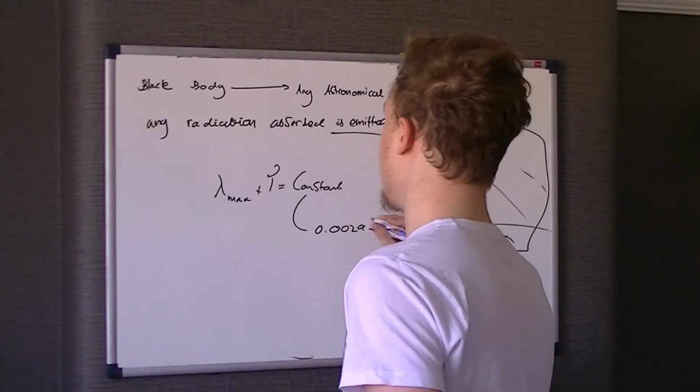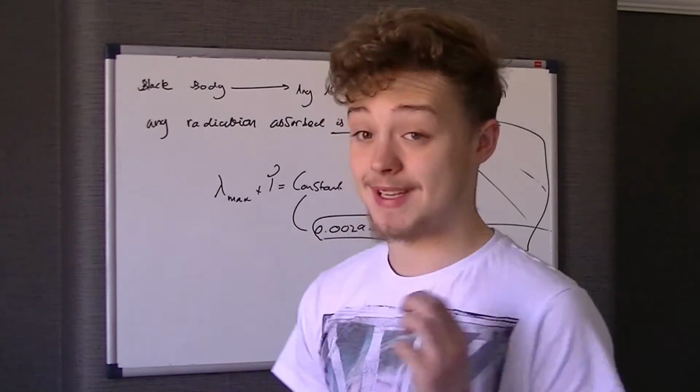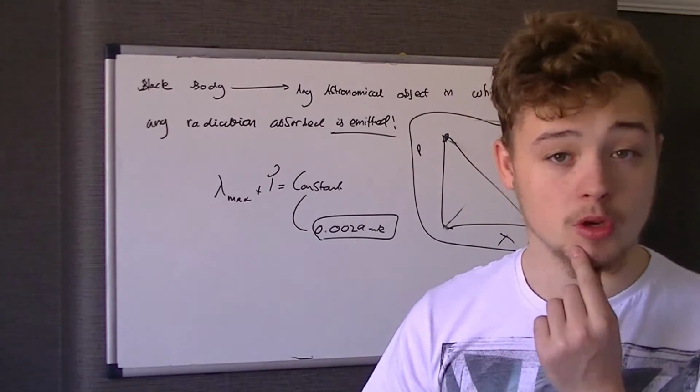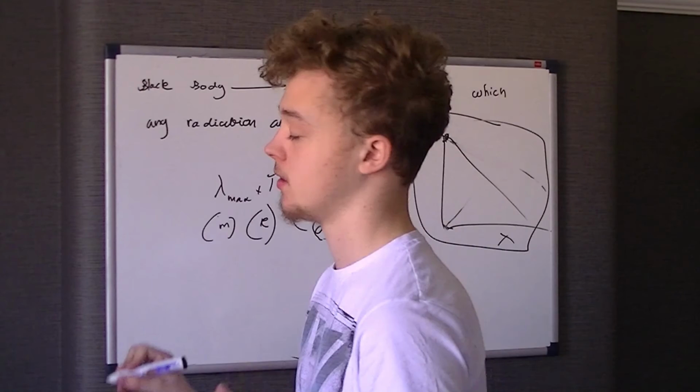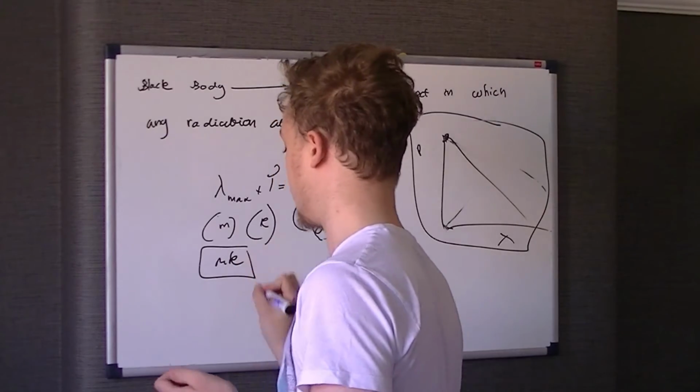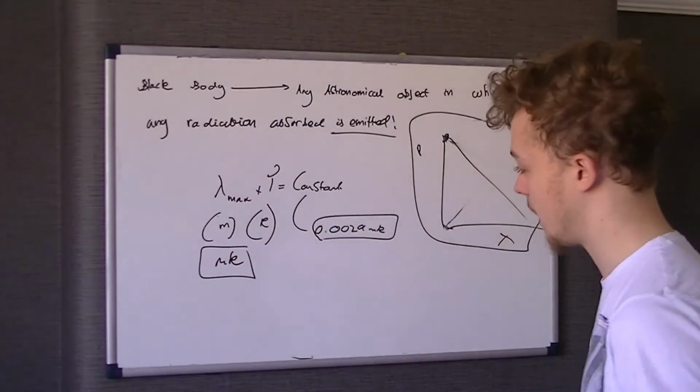Now mK is not millikelvin, it's meter Kelvin. Obviously lambda is measured in meters and temperature is measured in Kelvin, so you times them two together and therefore you get mK, which is quite clearly meter Kelvin, not millikelvin, and that's the reason behind that.